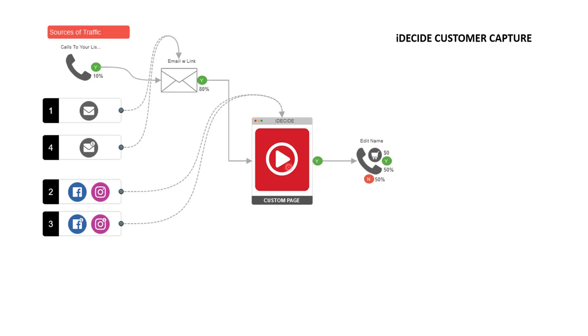It's all automatic, and one of the things it does is encourage you to contact people by telephone. So this is essentially all done for you. It's ready to go. Later we're going to talk about how to do the advertising part, but right now you can do your phones and your emails and get your business going with iDecide. There's nothing to do there. You're all ready to go.